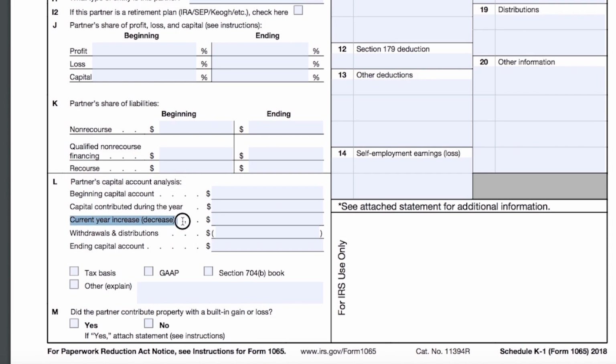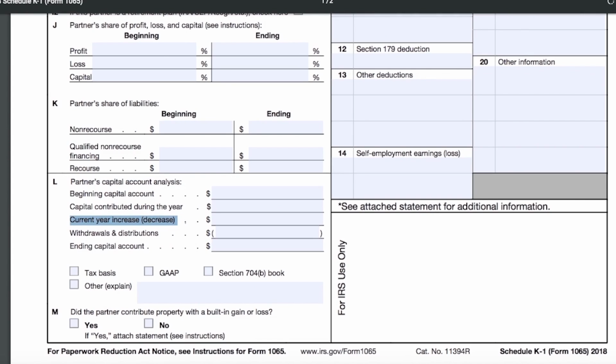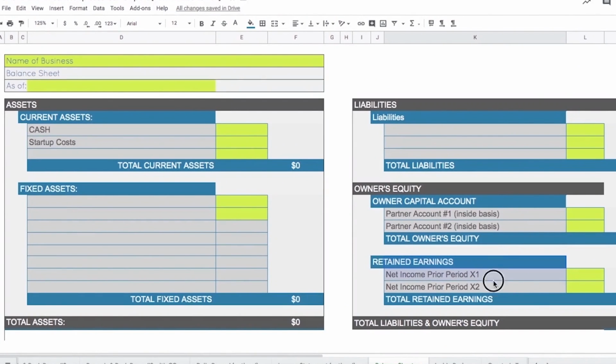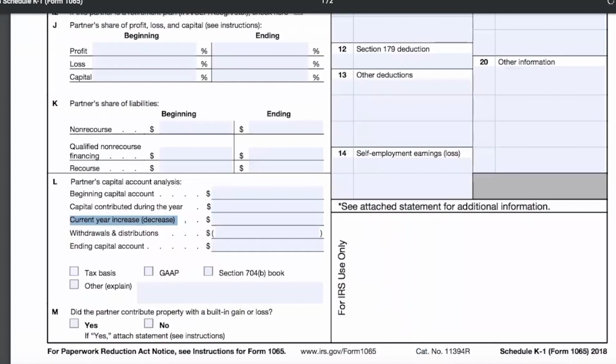However, our current year increases or decreases are going to come from that retained earnings section. So although retained earnings is not allocated to the partner accounts in the accounting records, it is done so on the Schedule K-1 partner's capital account analysis here under section L.